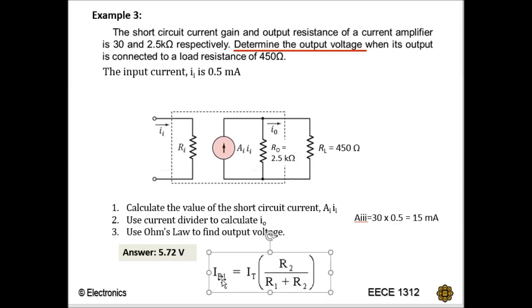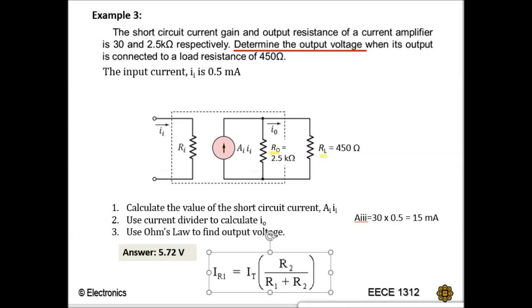So basically, let's say I have two resistors R1 and R2 that are in parallel. If I want to find the current through R1, the numerator will be R2. They are the resistors. Same thing here, R0 and RL are in parallel. I want to find current I0, which is the current flowing through your RL.